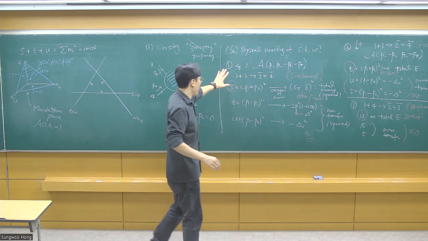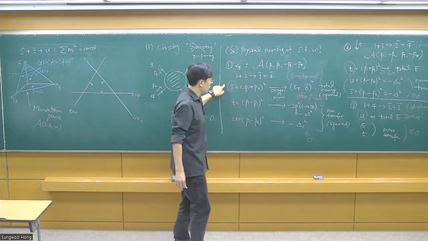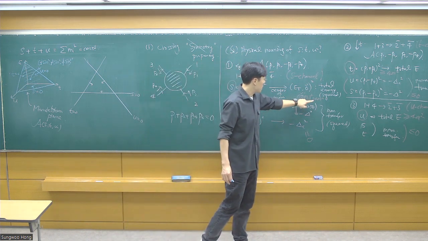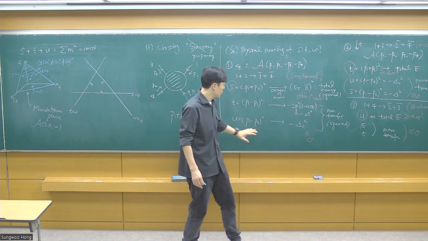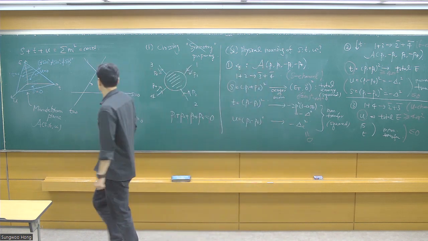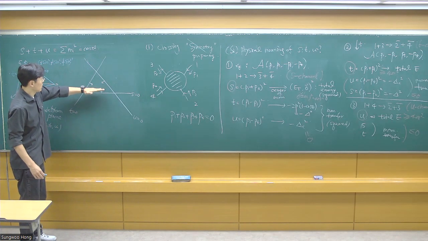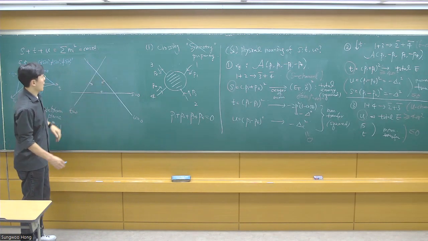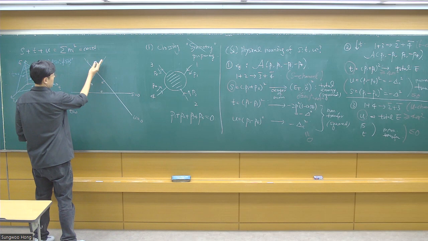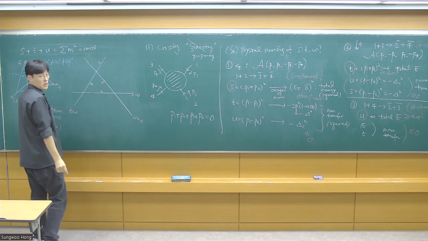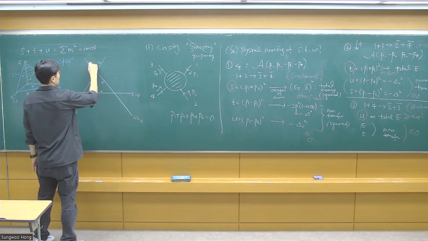First, let's look at the S channel. S channel means it should be greater than 4m squared, but the other two are less than 0. So S should be greater than something, and T should be less than 0. U should be less than 0.